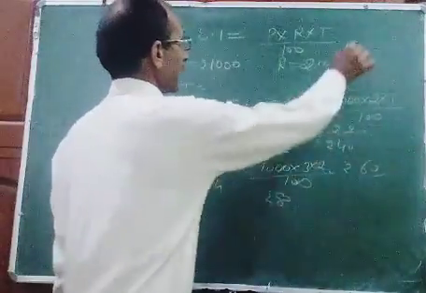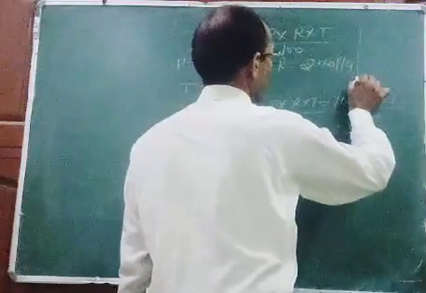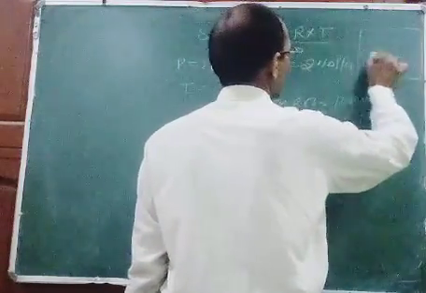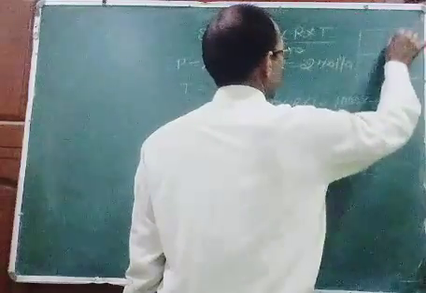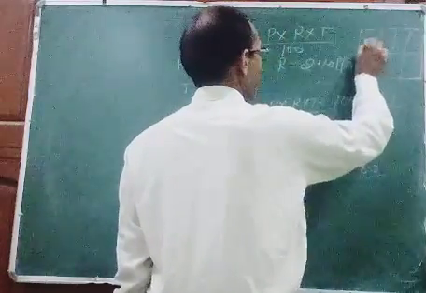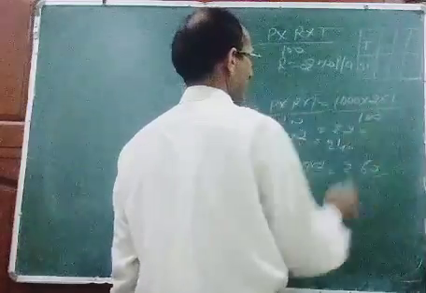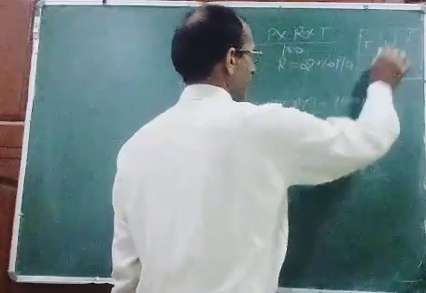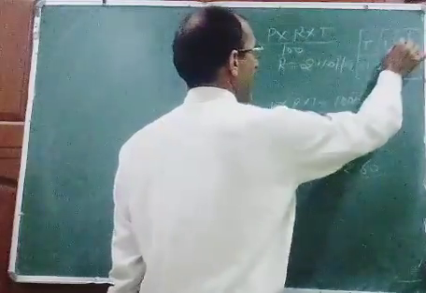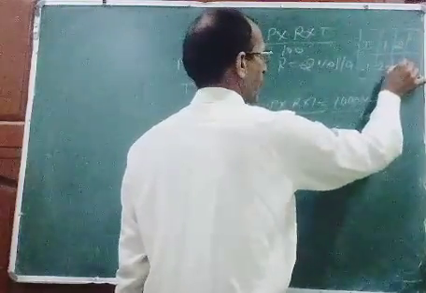Now I will make the table. In the table I will write, then I will draw the graph. So here will be time, here will be simple interest. When time is 1 year, then simple interest is rupees 20. When time is 2, simple interest 40.